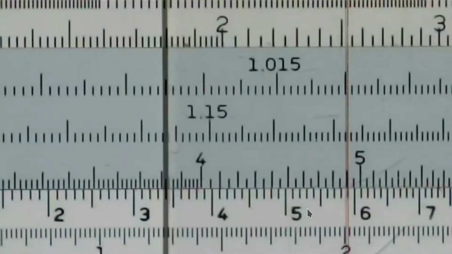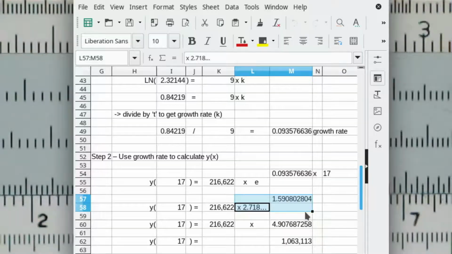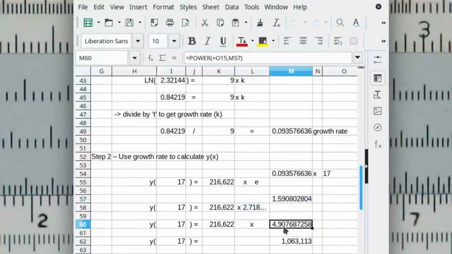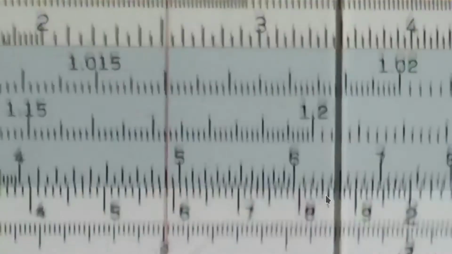And when we then look at our red line 5.9 and we go up, we see on the log 3 scale a value close to the expected one of 4.9001, I think it was. So again, the slide rule is pretty good at helping us with that.